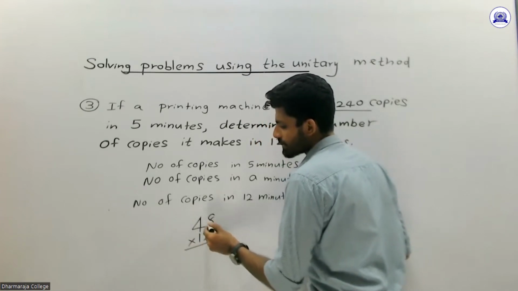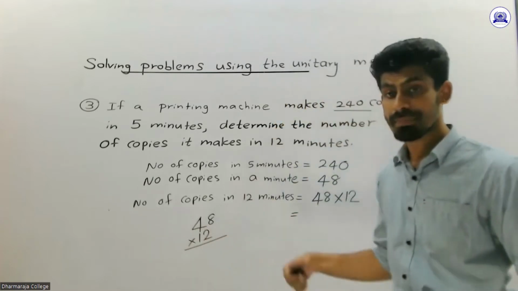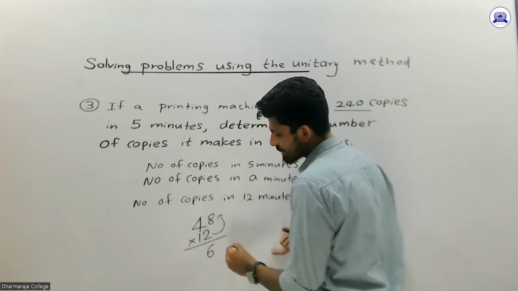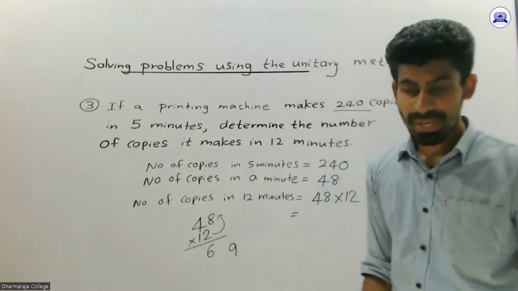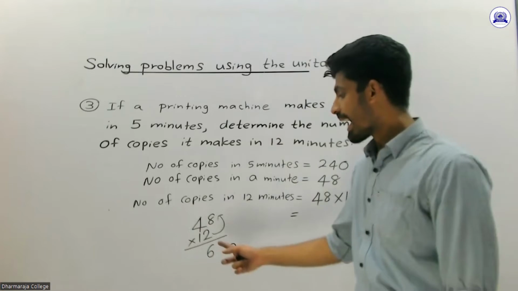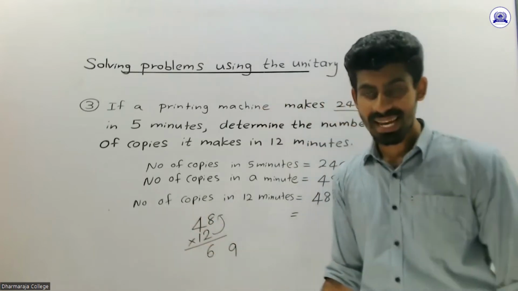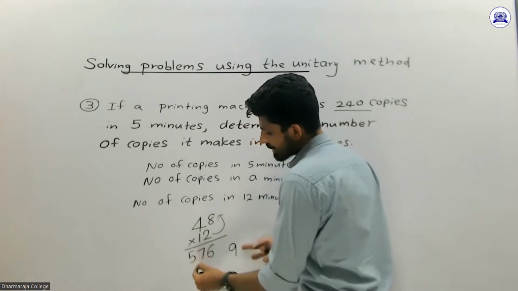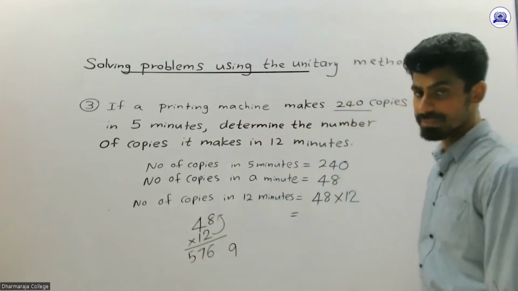I can multiply by 2 and 1, or directly I can multiply by 12. 12 into 8, so 96, remaining 9, right? And 12 into 4, 48, plus 9, 57.